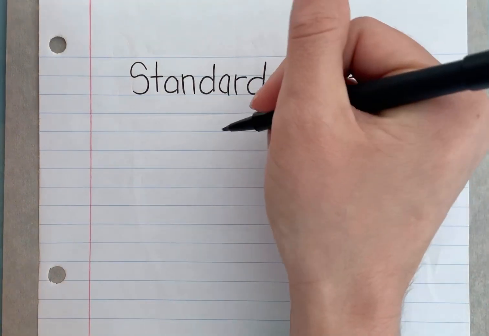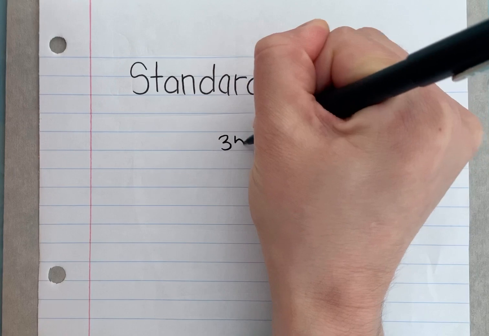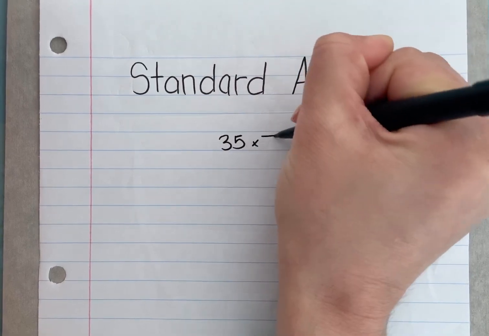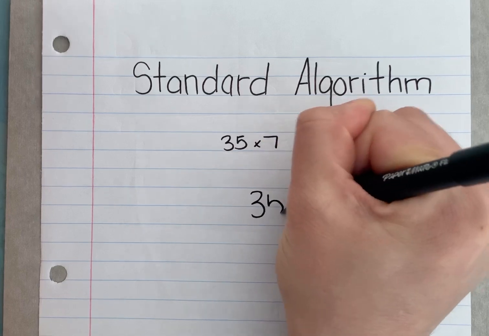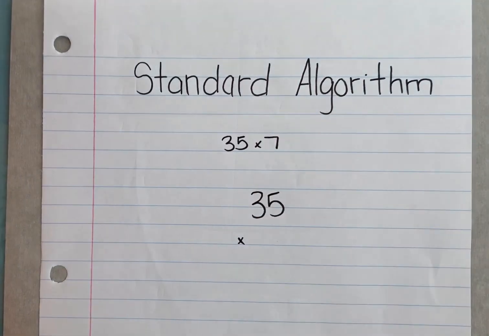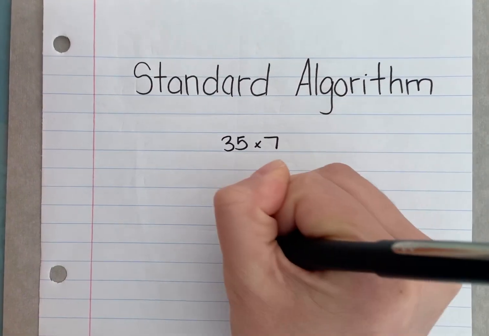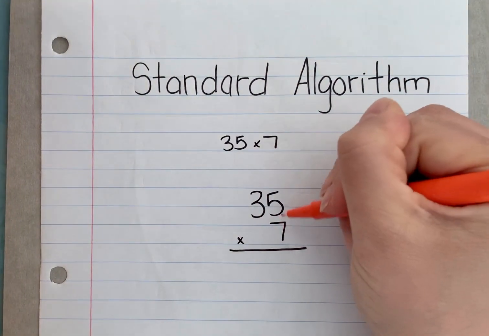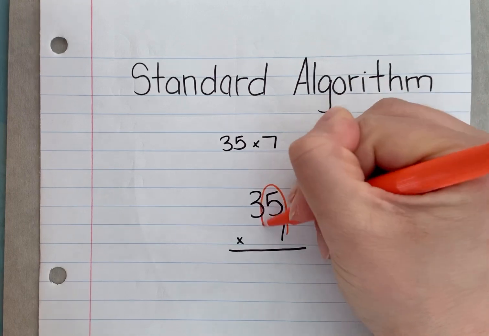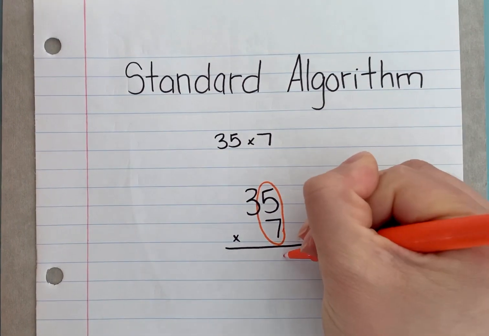So let's start with 35 times 7. Okay, simple enough. 35 multiplied by 7. Okay, when I do it this way, I'll do 7 times 5 is 35.